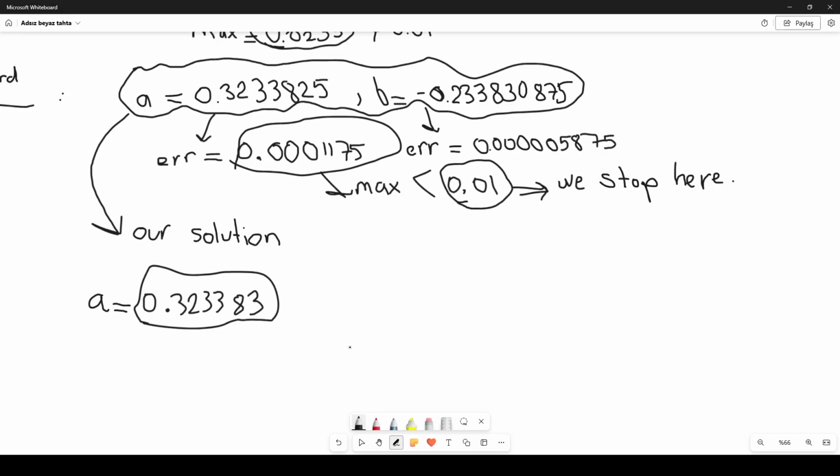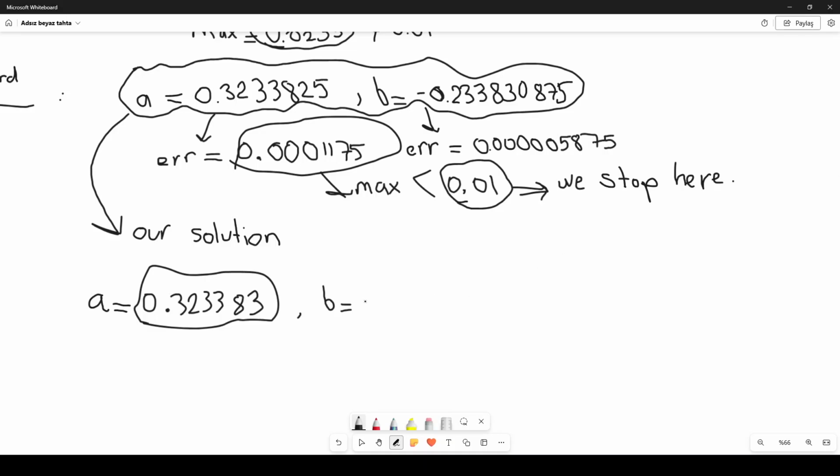But if I want to take more decimal points, then there will be a little error. And for B, I'm writing the exact solution to let you see that we really converge to the exact solution, and we are almost there.